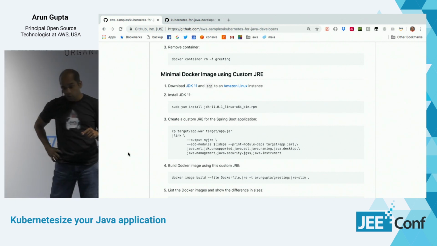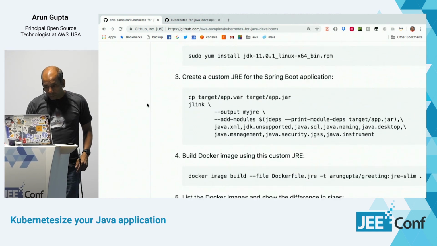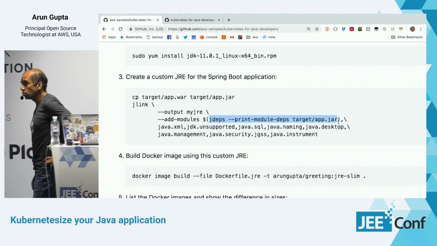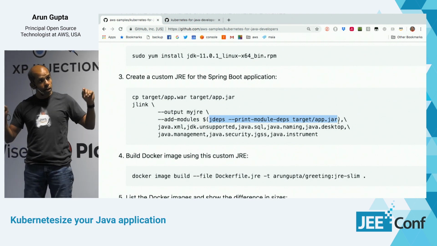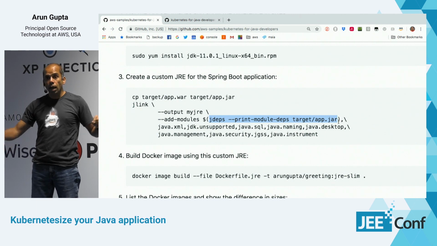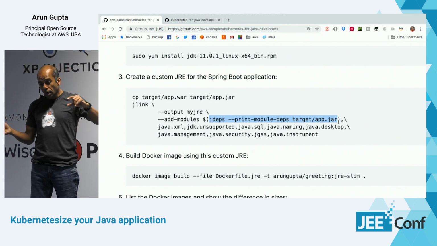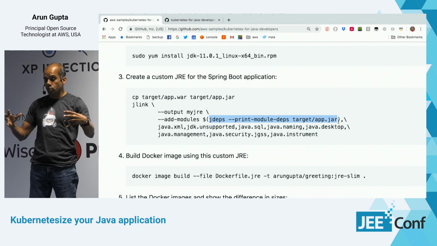First of all, here I'm saying JDeps, print the modules that my app.jar depends upon. These are my application-specific modules, and this is from the JDK. In addition, I'm saying, I know these are the modules that Spring depends upon, so add those modules in as well, because they need to be part of my custom runtime. And then I'm saying, JLink, take that list of modules and create my custom JRE.